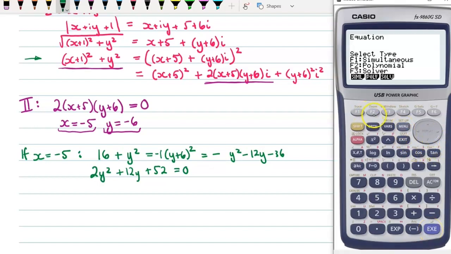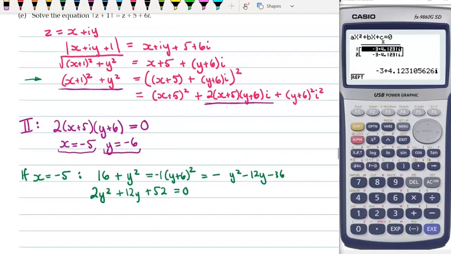Now if we try and solve that, we can use equation solver at this point. We've got a polynomial with degree 2. The a is 2, the b is 12, and the c is 52. And we solve, and you can see that this has complex roots, which is not sufficient at this point because we need y to be a real number to be able to put it into z and make it a complex answer.